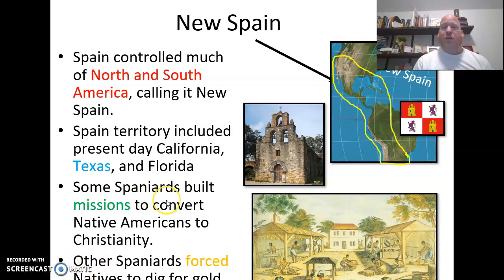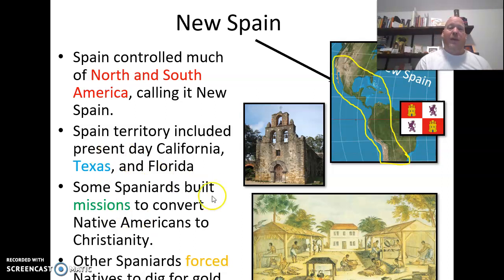And then once the conquistadors had conquered the land, the Spaniards had come in and built a mission. Then other Spaniards would come in and they would create little villages, little settlements, and a lot of times these people who were brought in would enslave the Native Americans and force the Native Americans who were living in these areas to dig for treasure, to dig for silver and gold and so forth, so that they could send it back to Spain and increase their power and their wealth.